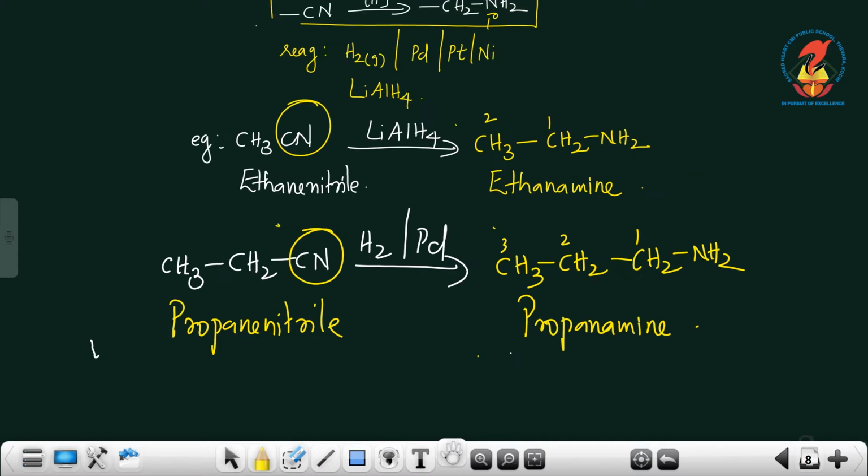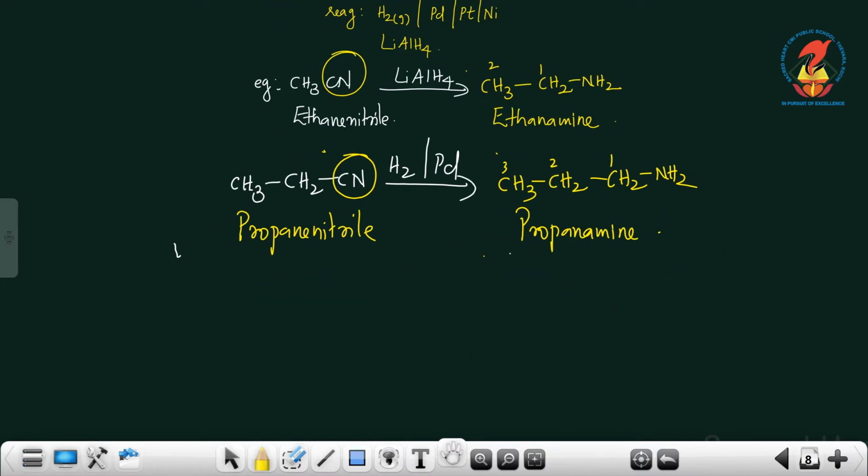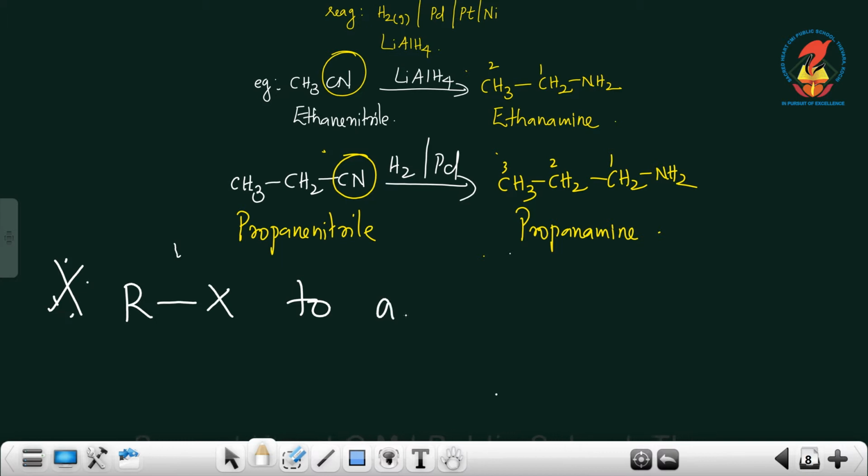Now this reaction can be used, very important point, this reaction can be used to convert alkyl halides to amines with one carbon more than the alkyl halides.